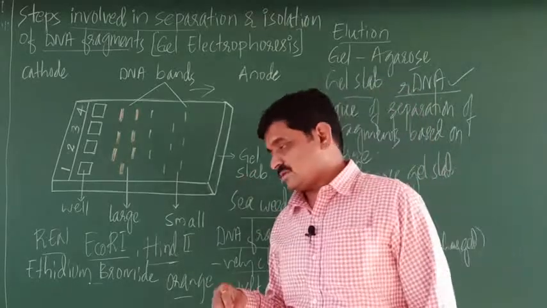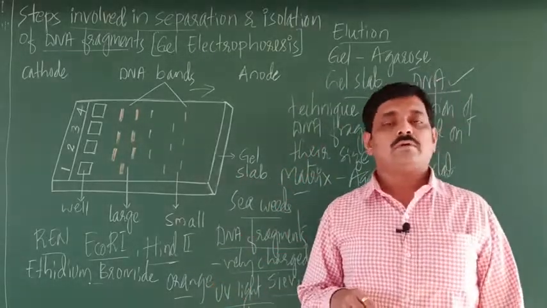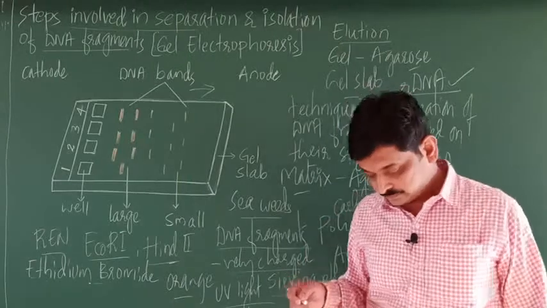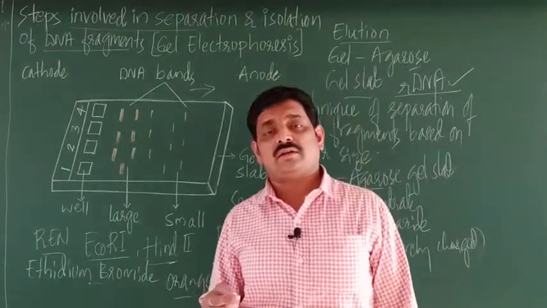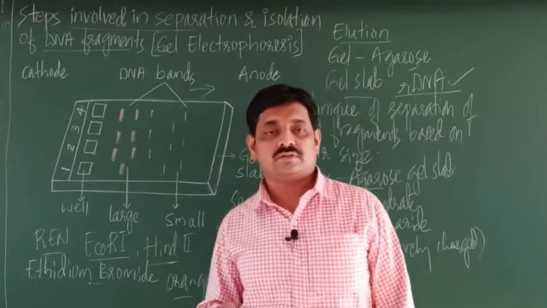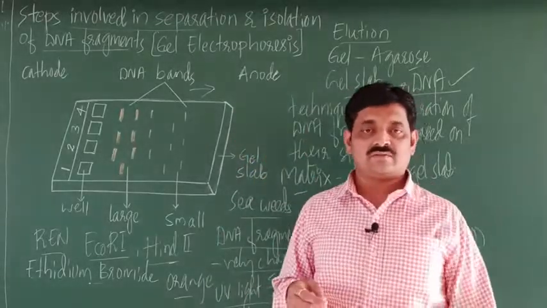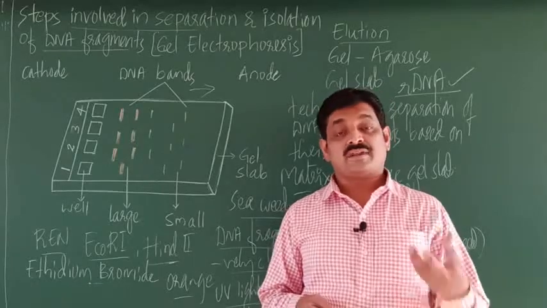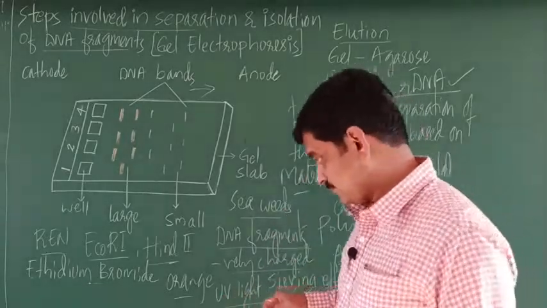Then after this we will consider in brief the cloning vectors. What do you mean by cloning vectors? I'll give you one brief idea and that shall continue in the next video. See, a vector is a vehicle.